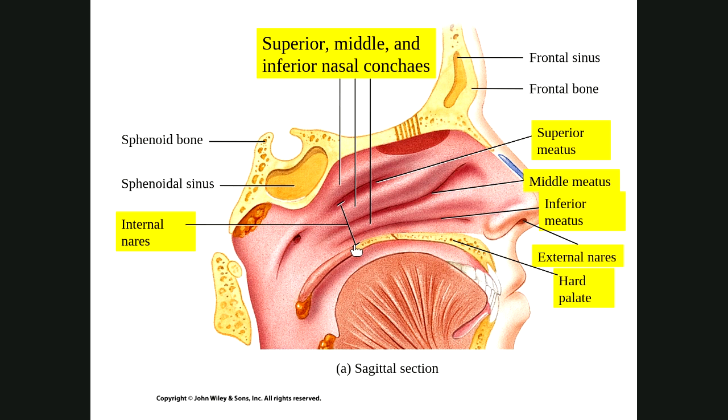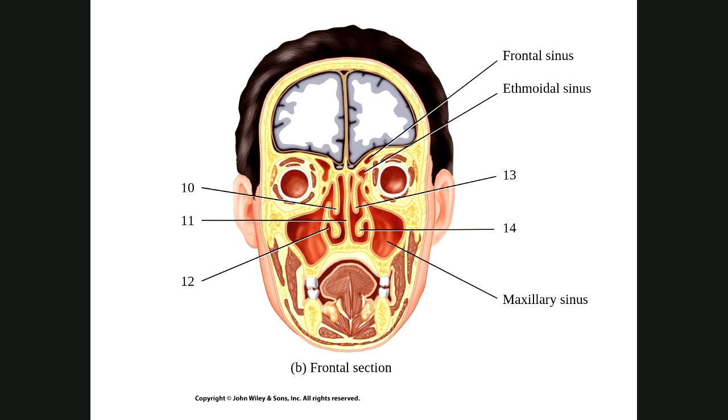Right here, you have the superior meatus. It's kind of like an enclave, then the middle meatus and the inferior meatus. All of those increase the surface area of air that touches the inside of the nasal cavity and warms and filters.